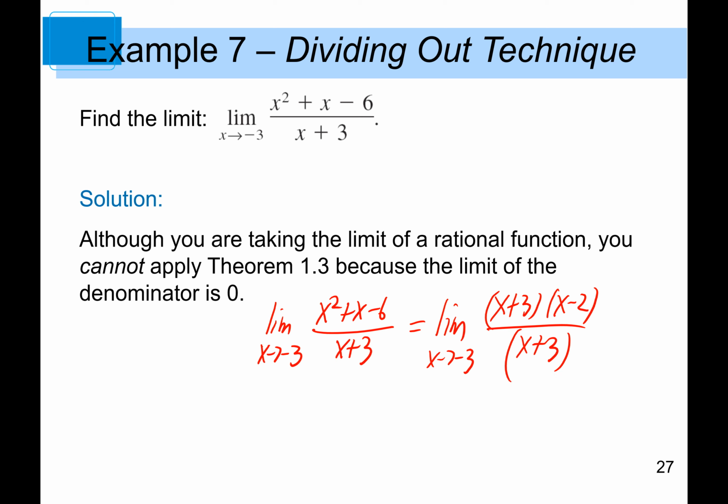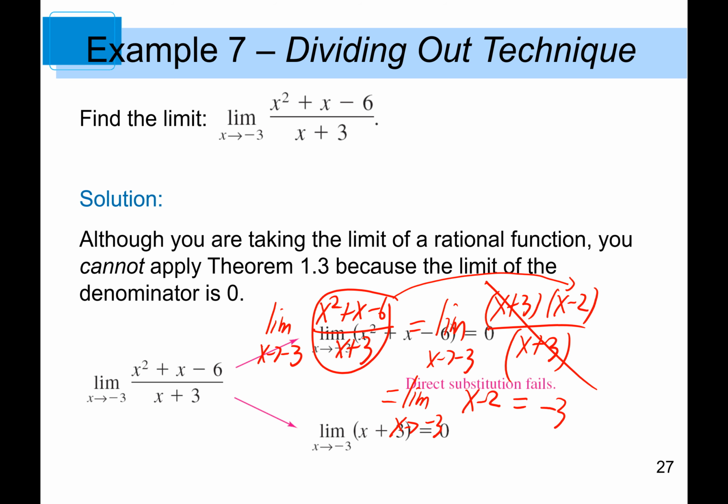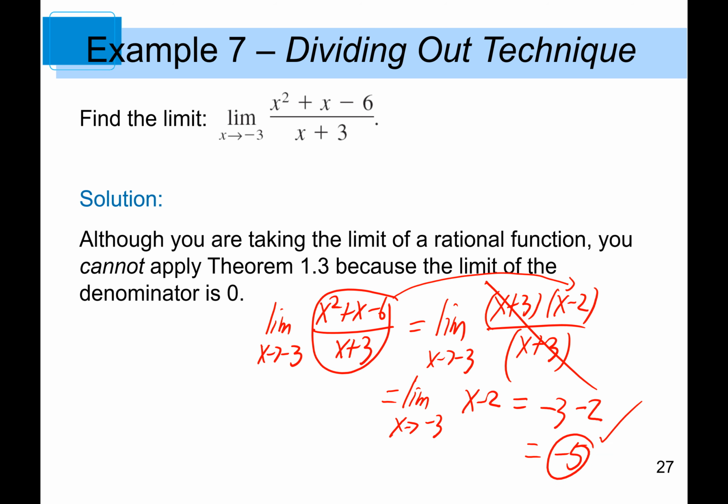Now you can see you have the same factor on both numerator and denominator, so we cancel that. Now we transform this function to this function. So now you have the limit as x approaches -3 of x minus 2. And this is a first degree polynomial, so we do direct substitution, replacing x with -3. So we get -3 minus 2 equals -5. Okay, so the answer is -5.